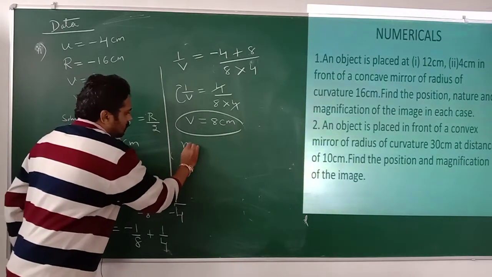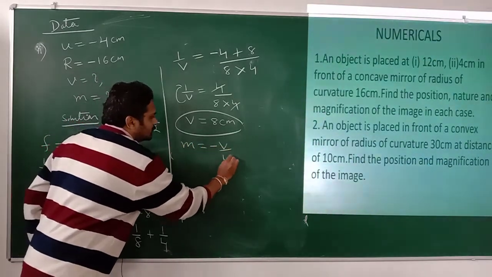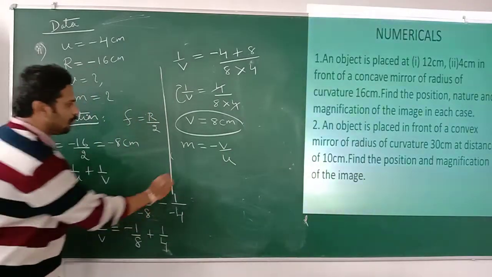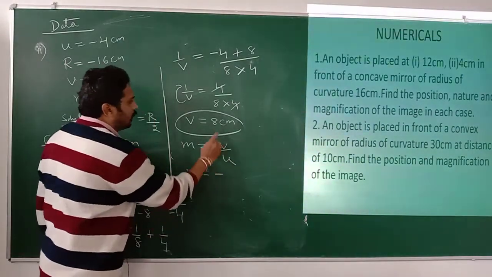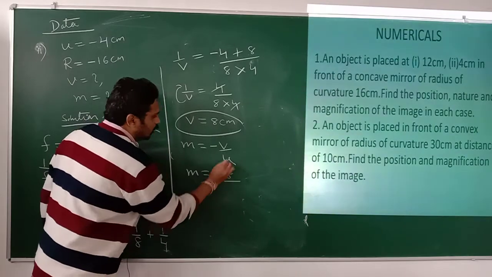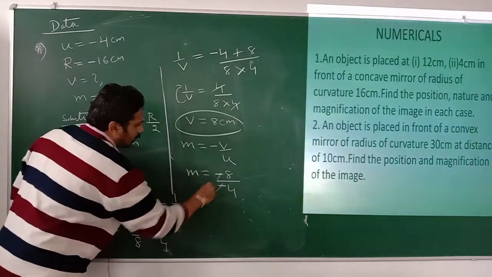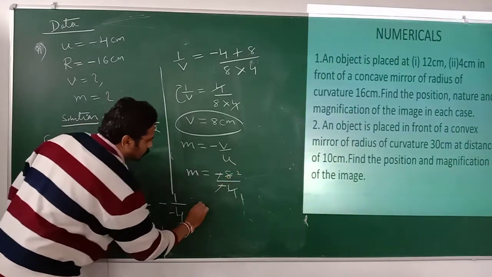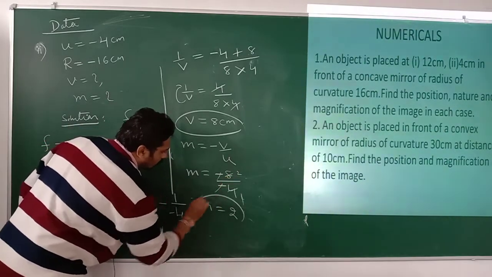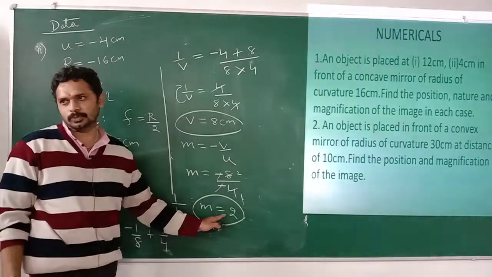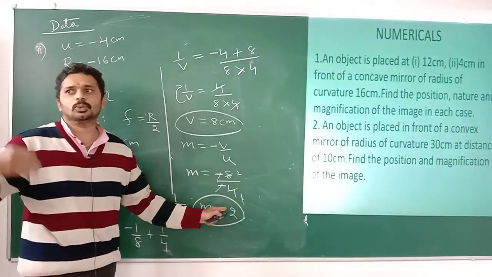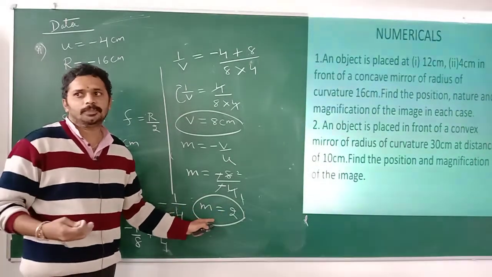Now magnification. M is equal to minus V by U. Now M is equal to, here what is V? 8. U, what is U? Minus 4. It cancels. 4 ones are 4, 4 twos are 8. Now M is equal to 2. Here M is plus 2. M is plus 2 means virtual, erect.